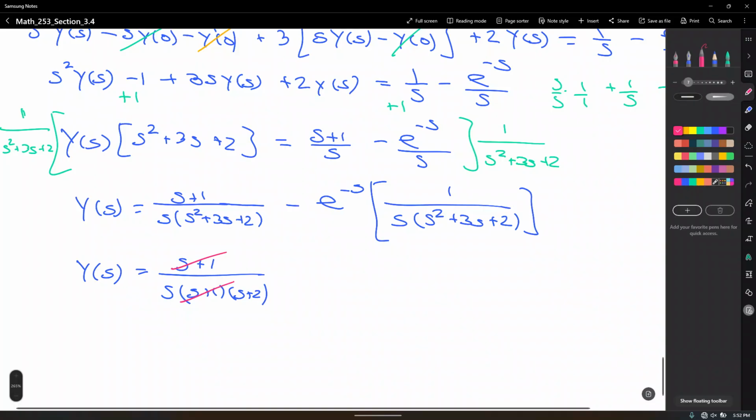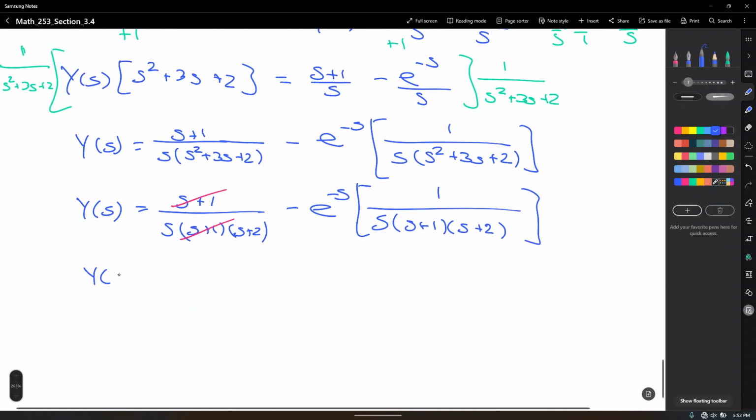So guys, when you're finding the inverse transform, if you end up with more than one fraction, try to factor all the way, because in some cases you may end up simplifying a lot. Minus e to the negative s, same s plus 1, s plus 2. But in this case, there's nothing to actually simplify.